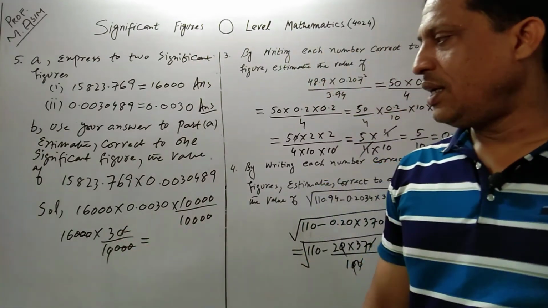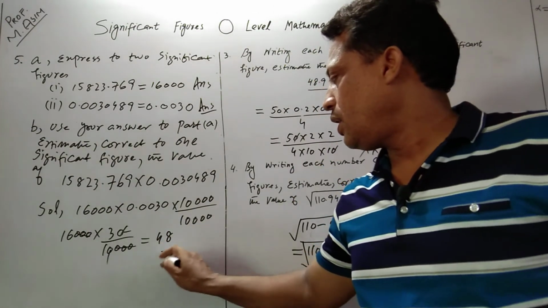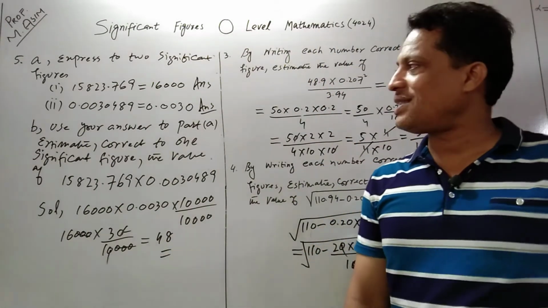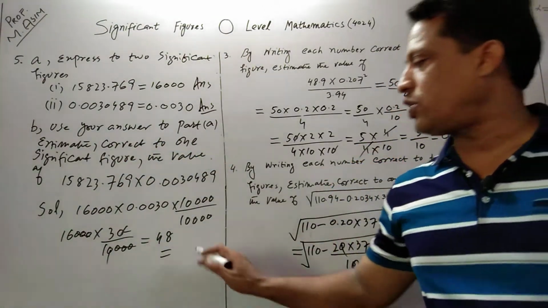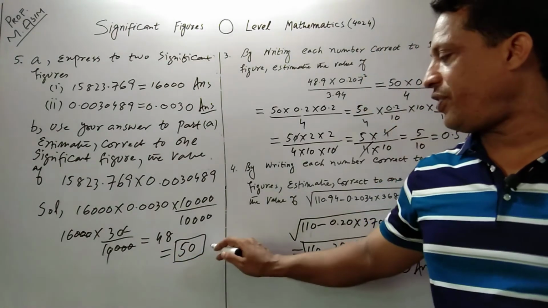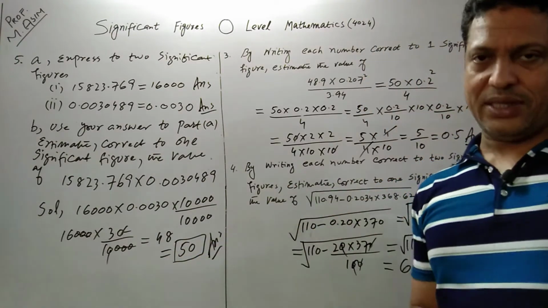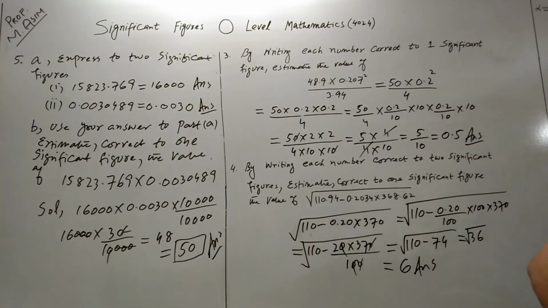What is the answer? 16 multiplied by 3, which is 48. But the requirement is to give the answer in one significant figure. So 48 is very close to 50, and in 50 there is only one significant figure. This is our answer. Hope students you understand this question.